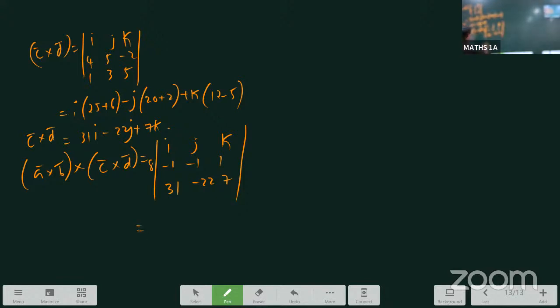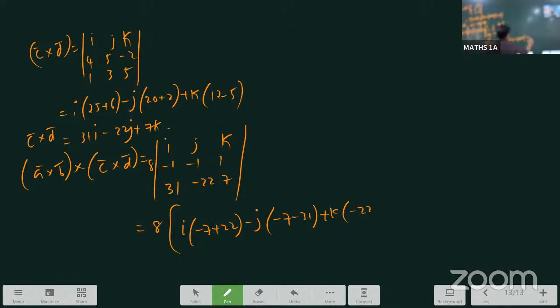Now that is 8 into, expand your determinant, i into minus 7 plus 22, minus j into minus 7 minus 31, plus k into minus 22 plus 31.